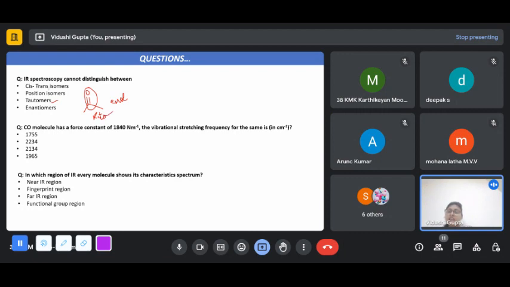Because cis and trans isomers also differ: this will be the cis form and this will be the trans form.